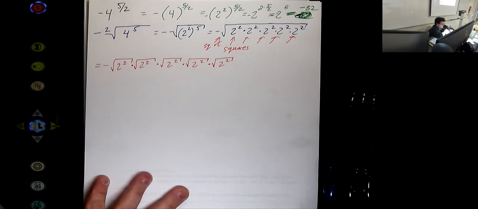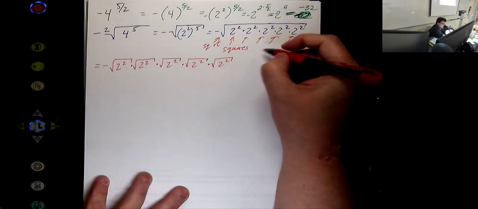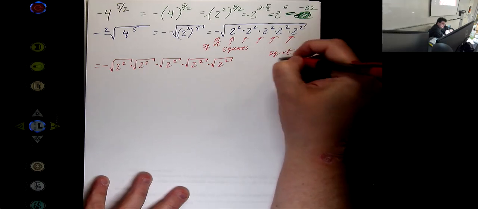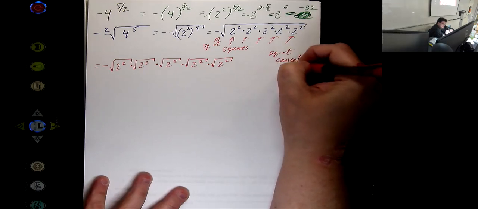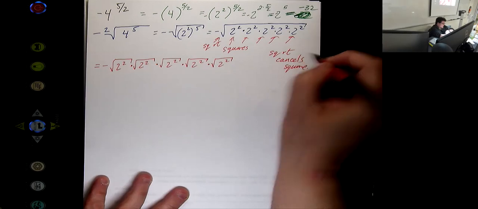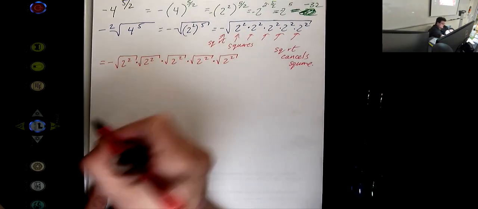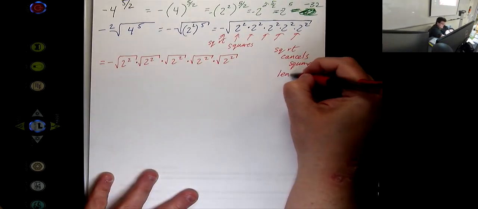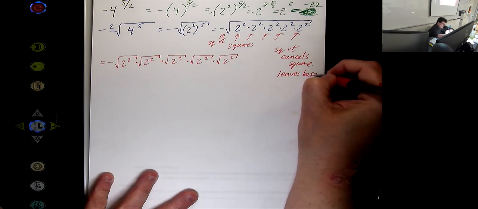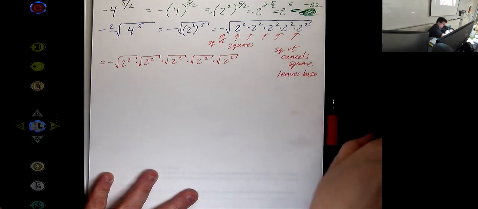And a square root and the square cancel. So it just leaves behind the base, and the base here is the 2.